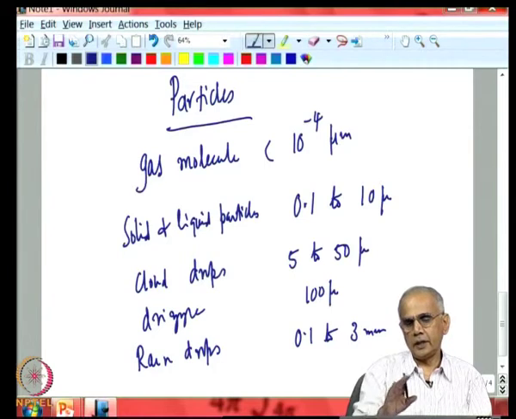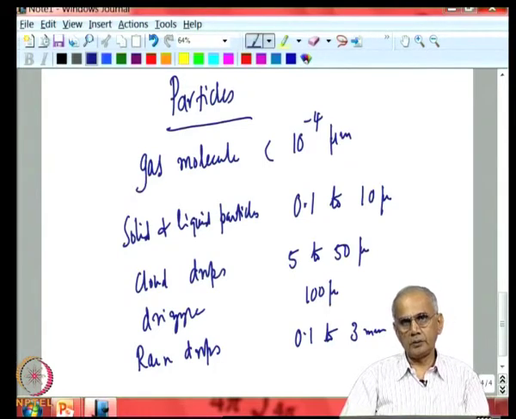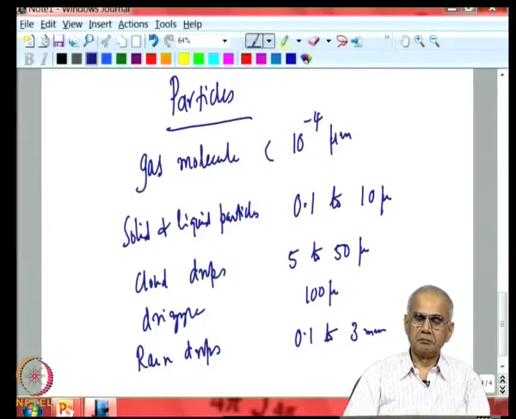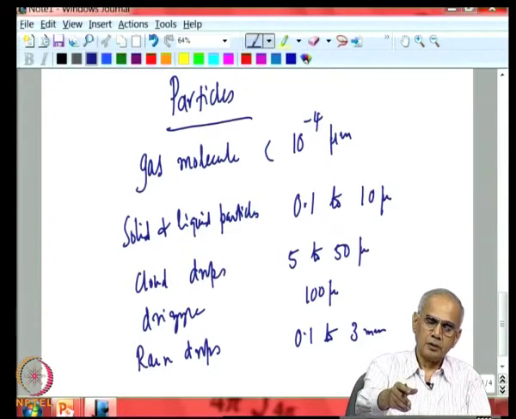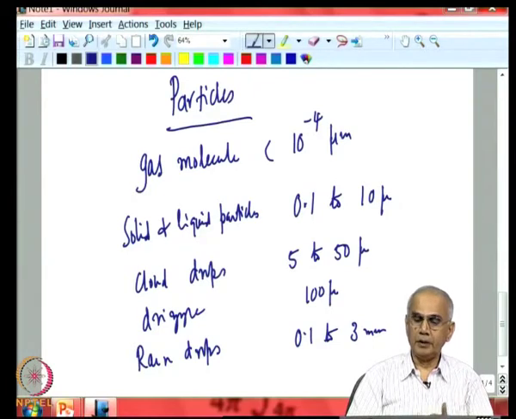So, you can see that the range of particles that we encounter in radiation spans a range of almost 100,000. The smallest, it may be a million actually. You take very small gas molecules to very large raindrops, the size range is really a million.